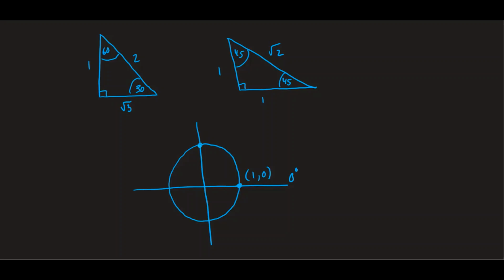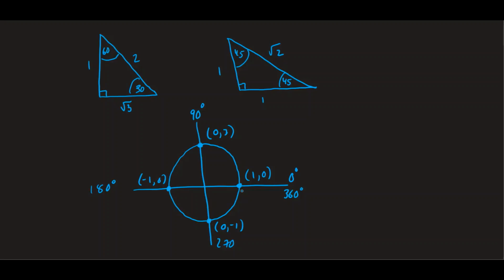And this point, which corresponds to 90 degrees, the coordinates are 0, 1. And then this is 180 degrees. We have negative 1, 0, and at 270 degrees, the coordinates are 0, negative 1. And once we hit 360, we're back to the same point, 1, 0.